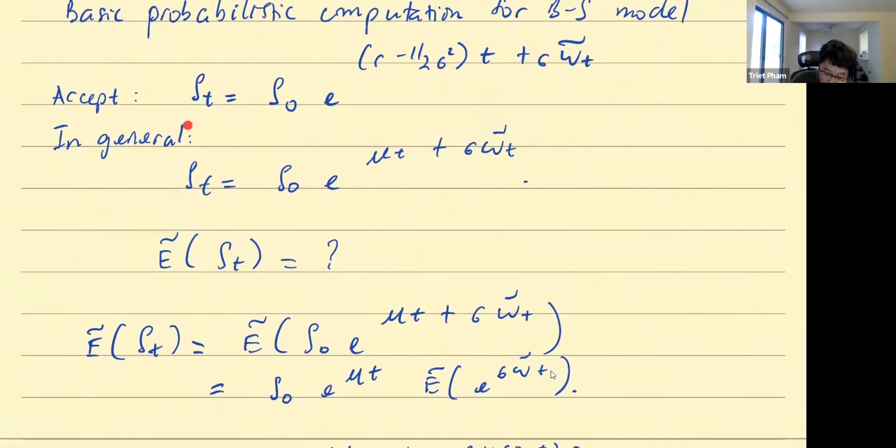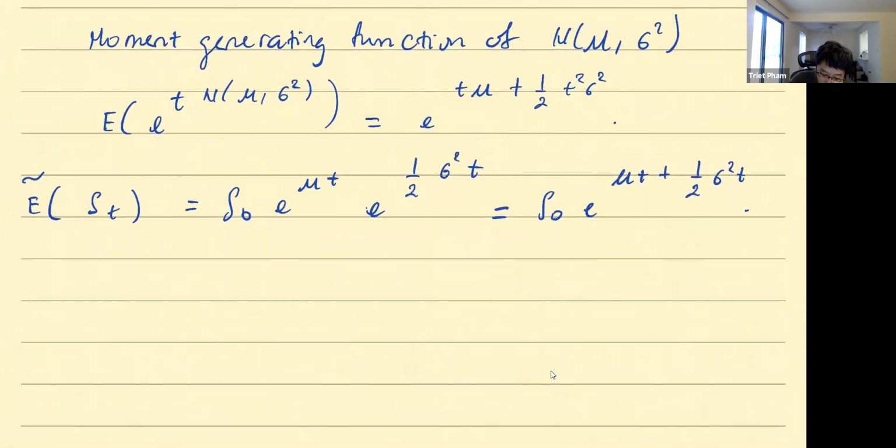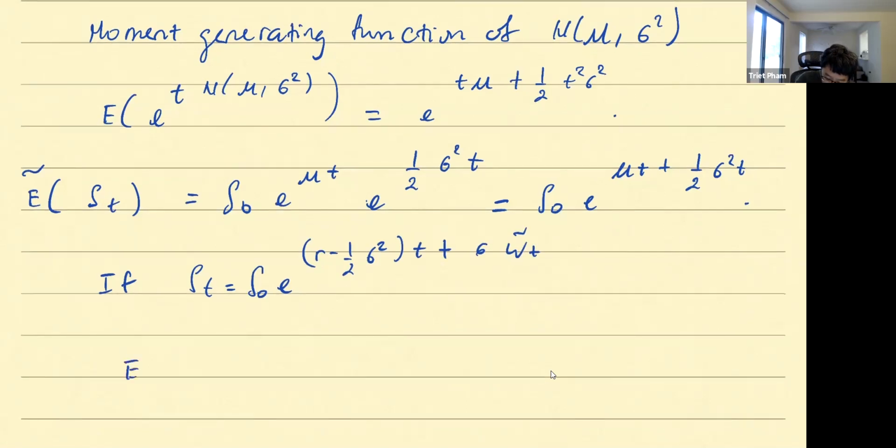And to demonstrate why this is the risk neutral model, you see that if we assume that the stock price is S0 e to the r minus 1/2 sigma square times t plus sigma W tilde t, then what is the expectation of the discounted stock price?